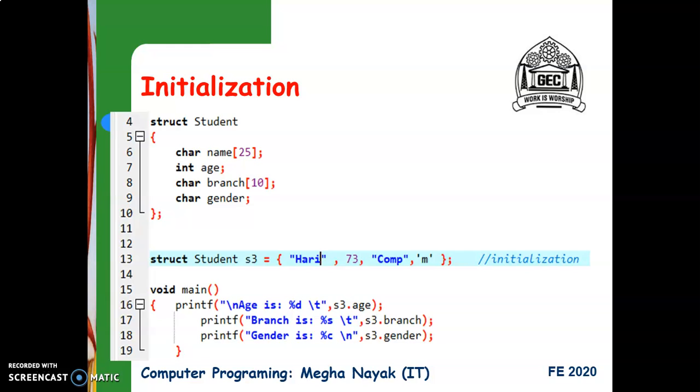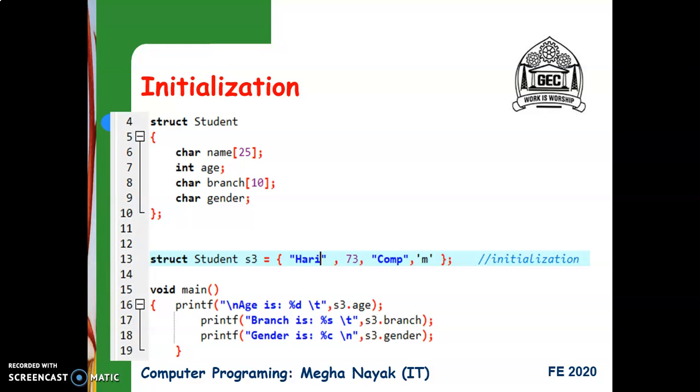Now this structure variable is assigned values at initial time or at compile time, so it is called initialization. So assignment happening at the first instant is called initialization. Over here you have to be careful about the order. You have to give it as name first, age, branch, and then gender.